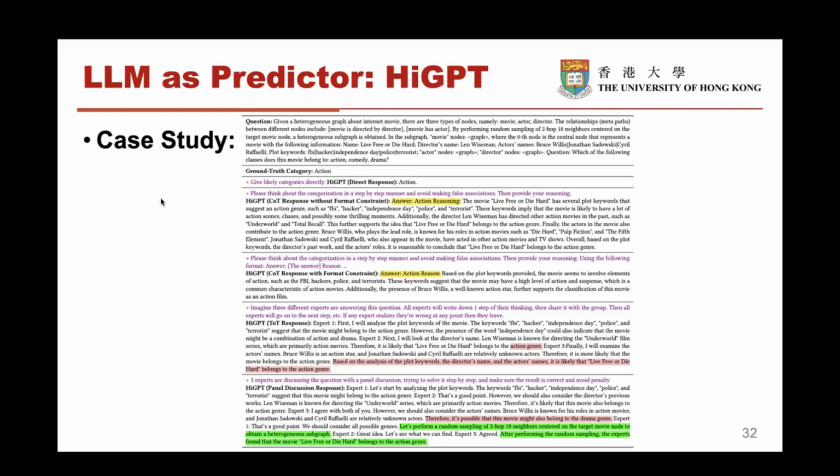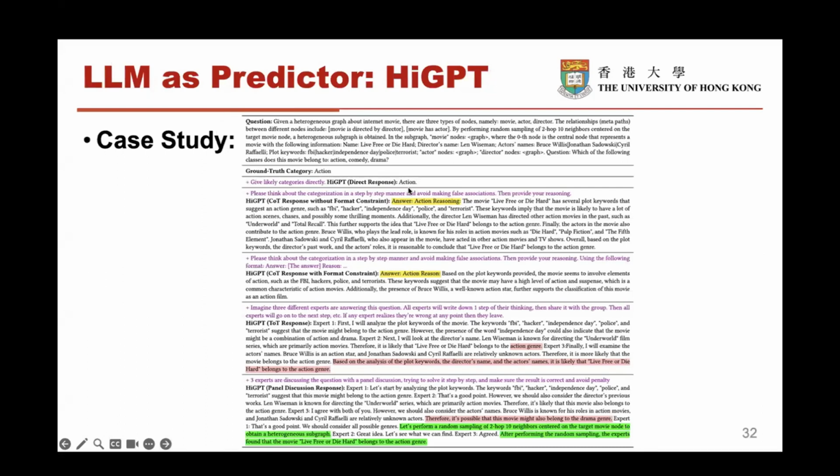So the reasoning part of HiGPT may contain some content of the nodes or the neighbors, such as the movie's title is this, the movie's actor is that. Based on the movie's director and the actor, the movie should be some specific category. Yeah, and that is my answer.